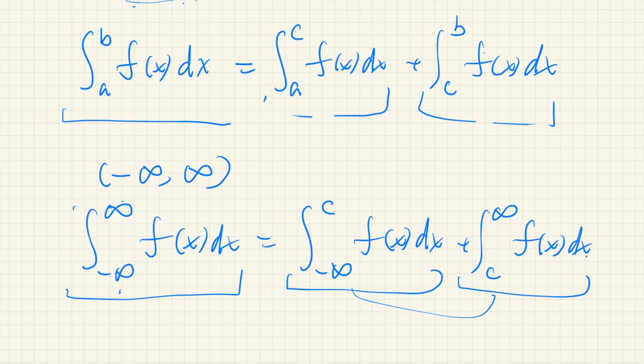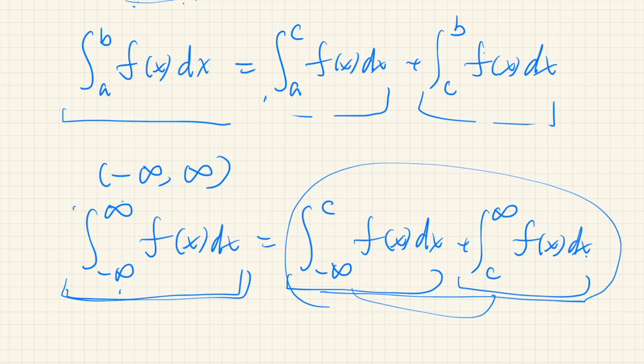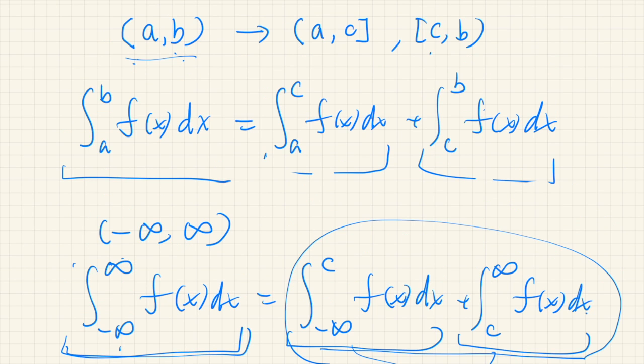If these integrals do not exist, then the integral on the left-hand side doesn't exist either. By the way, we have this c here or here, and this c can be any value between a and b, or negative infinity and positive infinity, because they will just disappear anyway. So we can just pick any convenient value for this c.